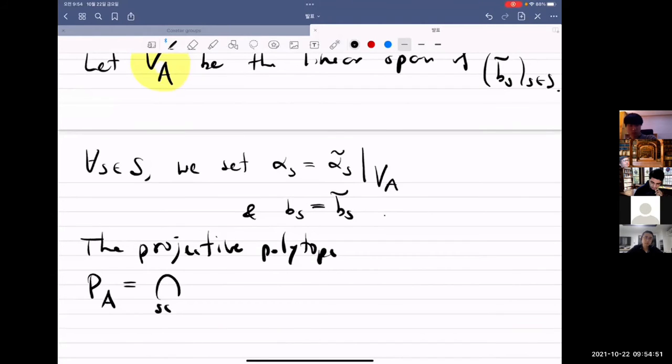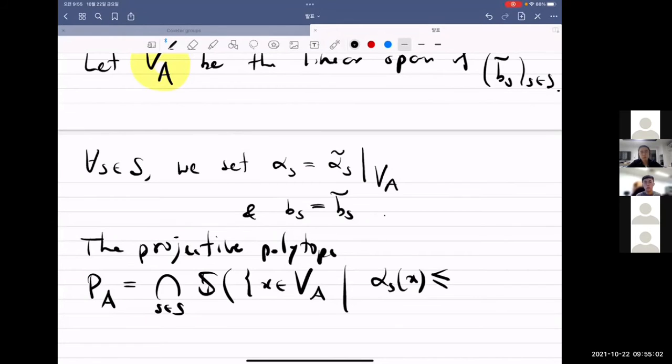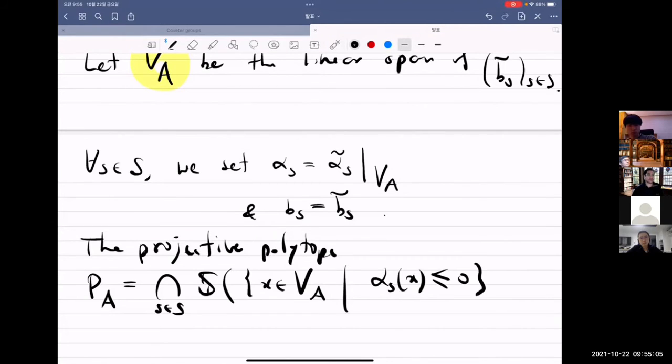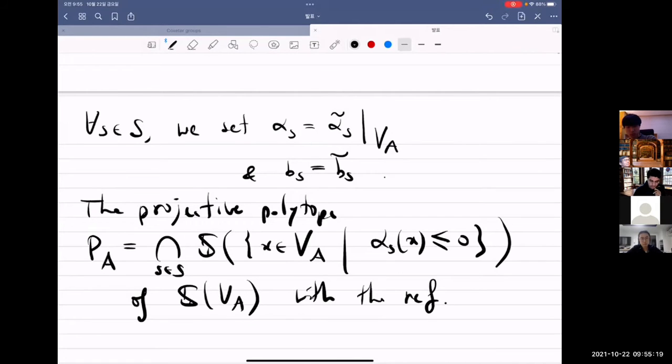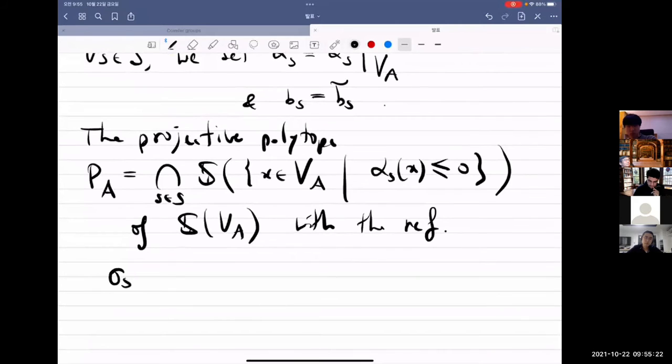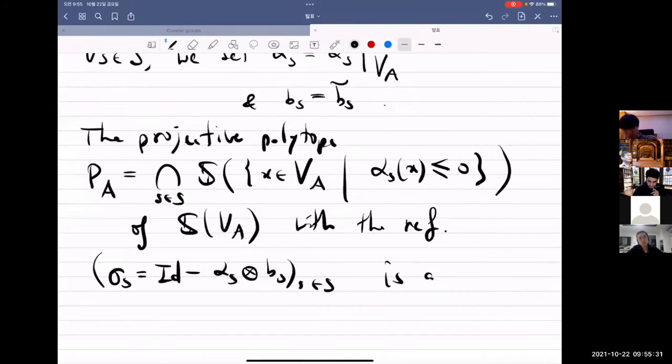Now this is the intersection of the half spaces in VA, with alpha S of X less than or equal to 0. So this is a projective polytope in P(VA), together with the reflections sigma S, identity minus alpha S tensor VS. So this is a Cox polytope now.